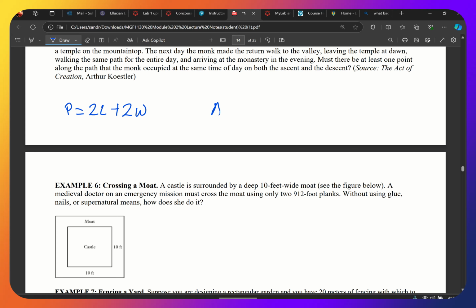What about area? What's the formula for area? Length times width. Area is how much tile I need to cover the floor, the inside. Perimeter is all the outside. It has to do with fencing or the edging, lining the walls. And area is inside. Tiling, sod, grout, whatever you need. Area is inside.